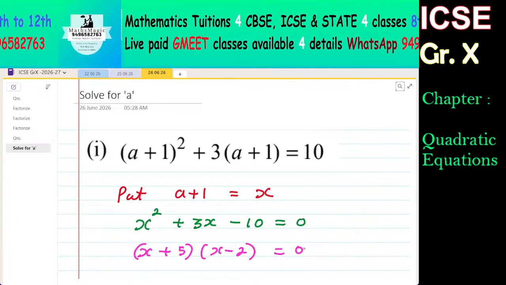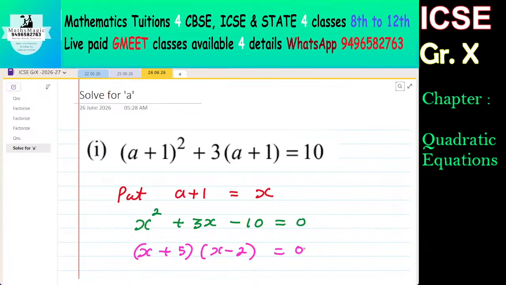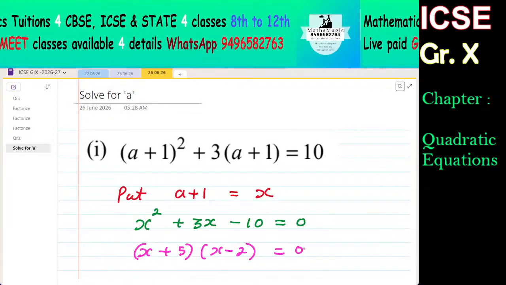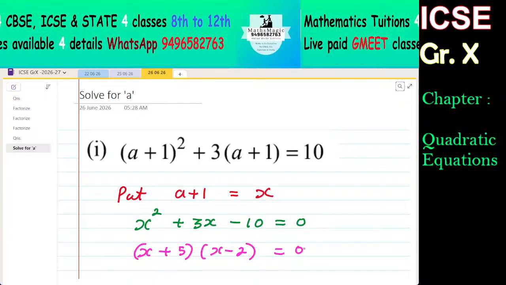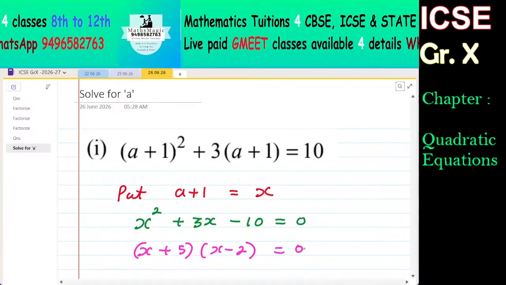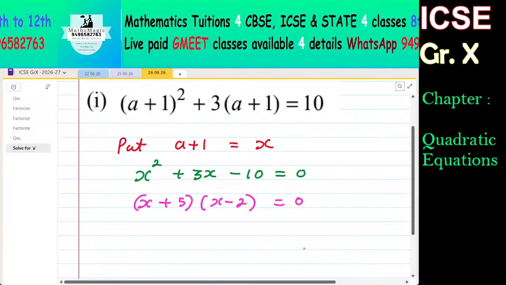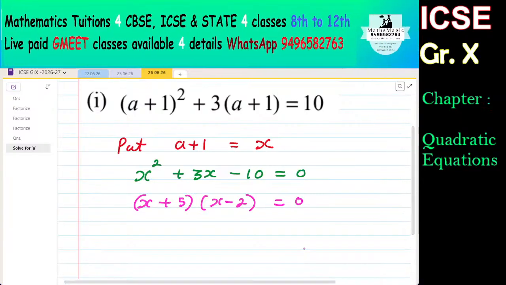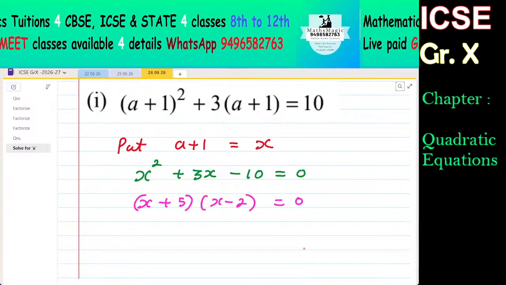Factorizing this type of x squared plus 3x minus 10, that is, coefficient of x squared unity type, we have done in so many questions and we know how to solve it. So just cross check whether x squared plus 3x minus 10 factorizes to (x plus 5) times (x minus 2), or x plus 5 and x minus 2 as the factors.